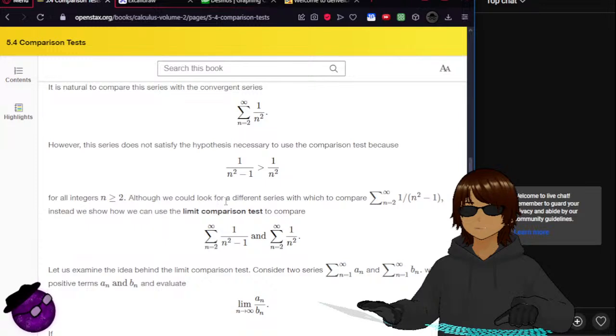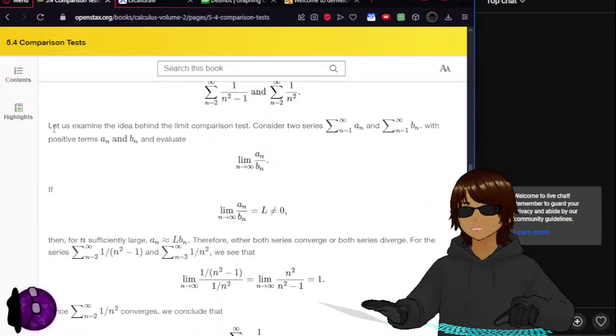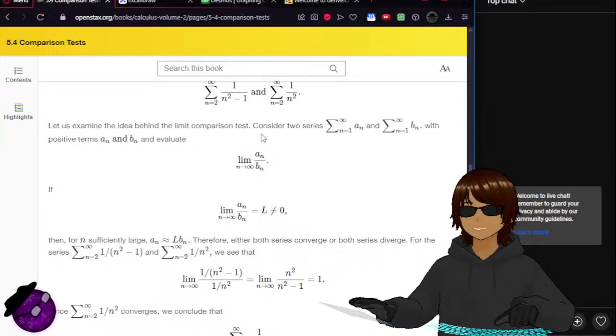Although we could look for a different series with which to compare sum to infinity 1 over n squared minus 1, instead we show how we can use the limit comparison test to compare the two series. Let us examine the idea behind the limit comparison test. Consider the series sum to infinity of an and sum to infinity of bn with positive terms an and bn.